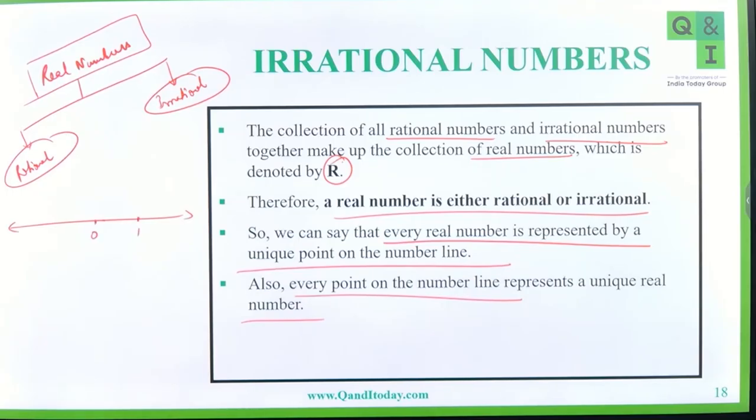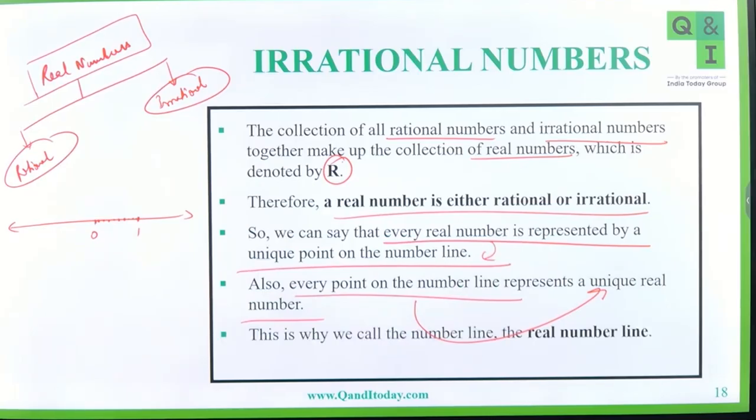All the points which are there between 0 and 1, there will be infinite number of points here. All these points will represent one or the other real number. So every point on the number line represents a unique real number, and every real number is represented by a unique point on the number line.